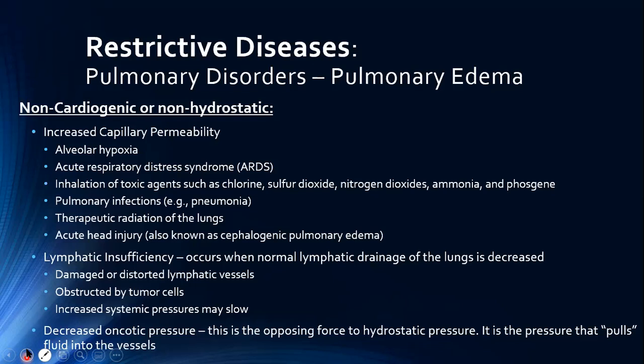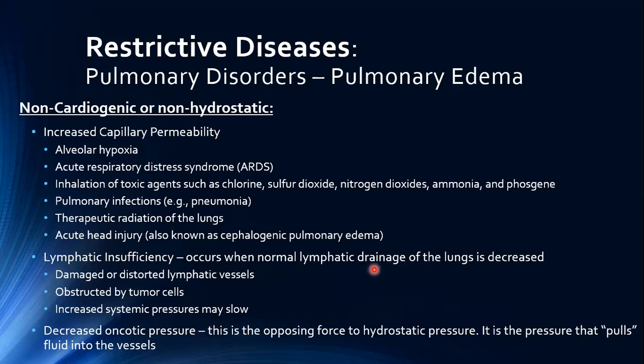What's another reason for the non-cardiogenic? That would be lymphatic insufficiency. Lymphatic insufficiency occurs when normal lymphatic drainage of the lungs is decreased. The lungs should be able to drain into the lymph nodes. But when that doesn't happen, the fluid stays in the lungs.